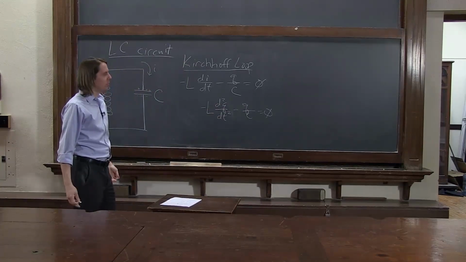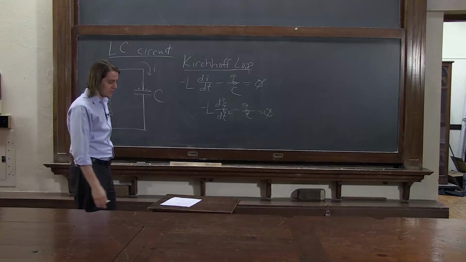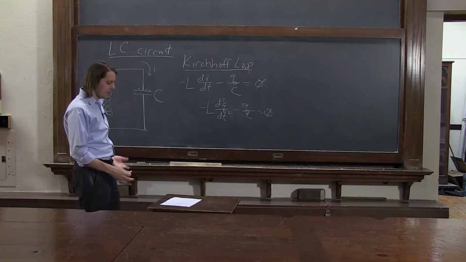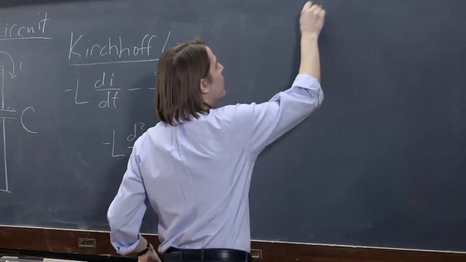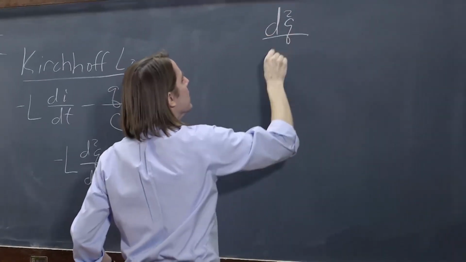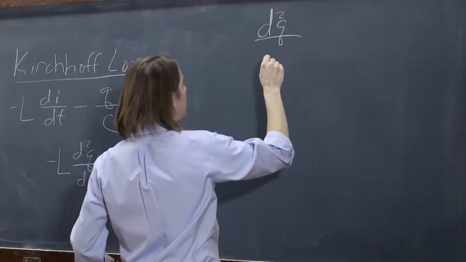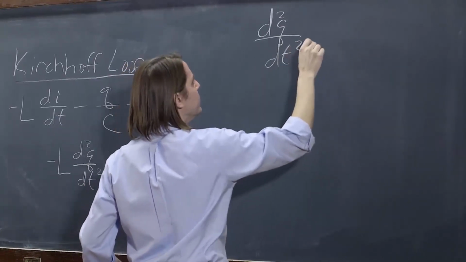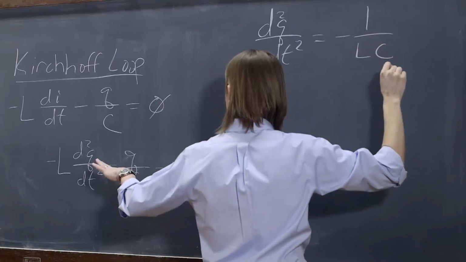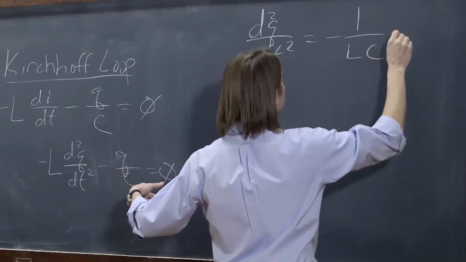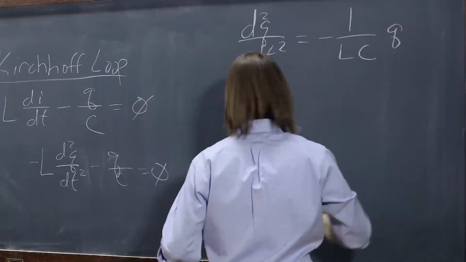All right, so now we just have to pull out our bag of differential equation tricks. Let's write it a little nicer and see if something comes to us here. Usually in differential equations, you isolate the highest derivative of the function: d2q dt2 equals minus 1 over LC times q.